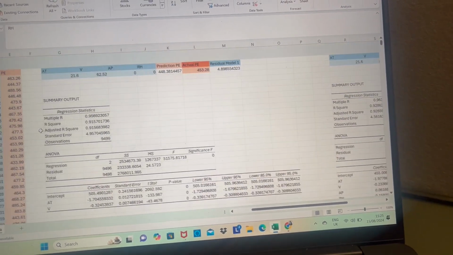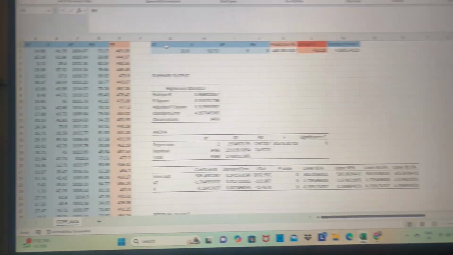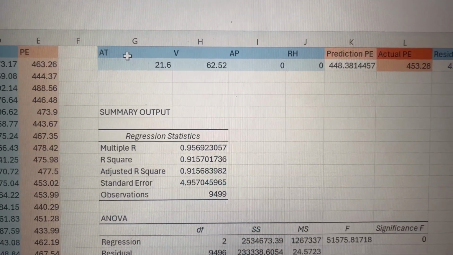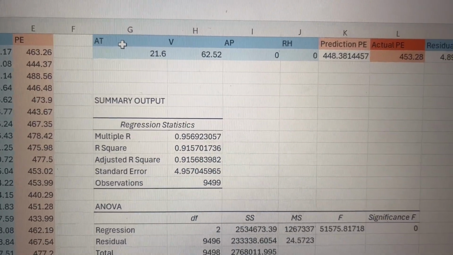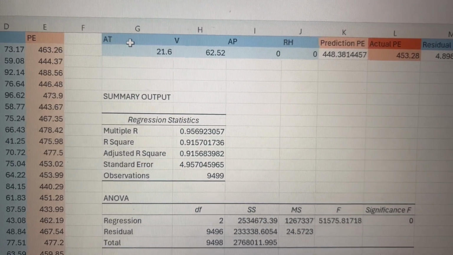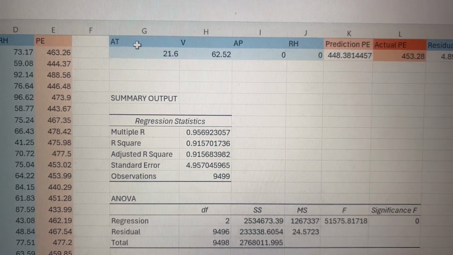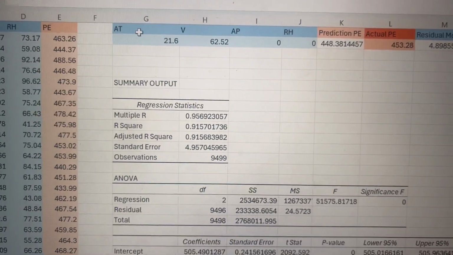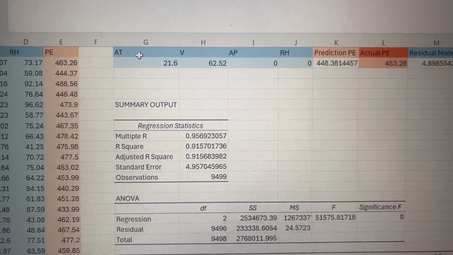So in this first model, when I only consider temperature and vacuum, I can see that my R square determines and says that the variance observed in PE, in our dependent variable, is explained by temperature and vacuum.